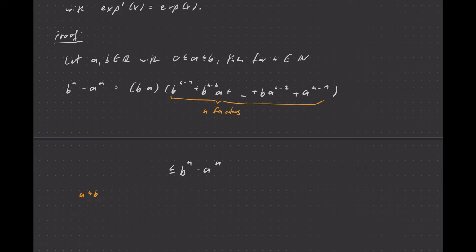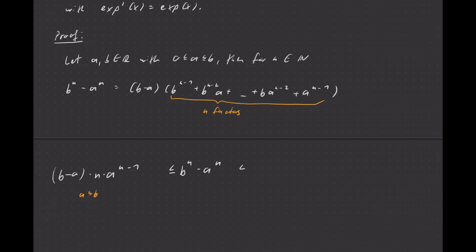So we get n times the same factor, a^(n-1). And this is less or equal to this. So if we do this, we get this b - a factor, we don't change that one, times n times a^(n-1). And this is less or equal to b^n - a^n.